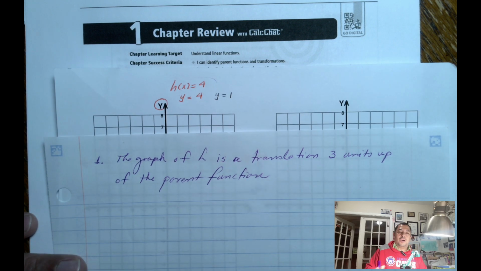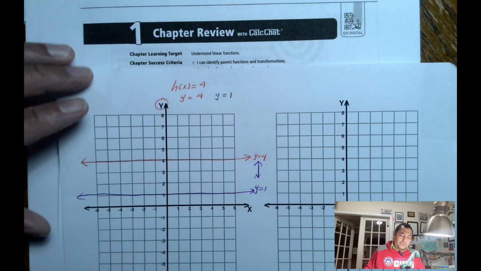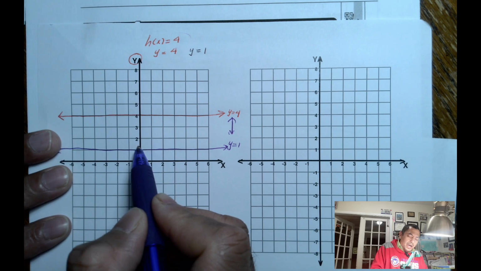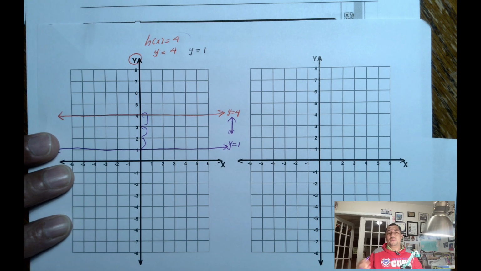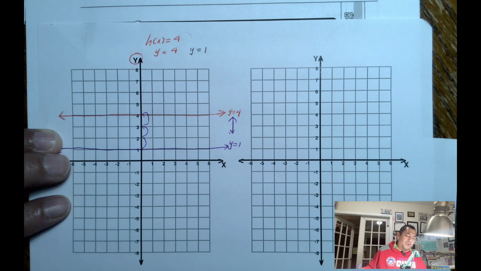So on this graph, I will count how many units went up: 1, 2, 3 units up of the parent function. So that's problem number 1.